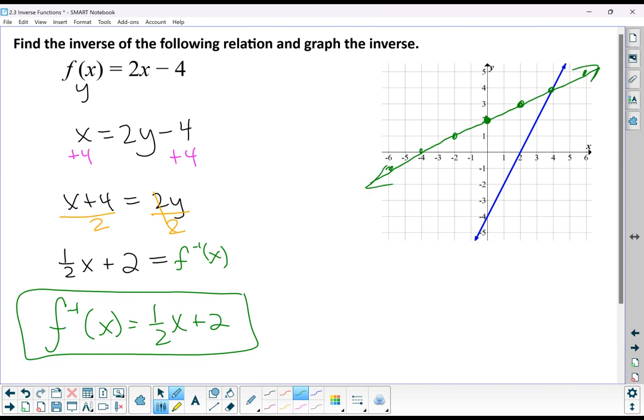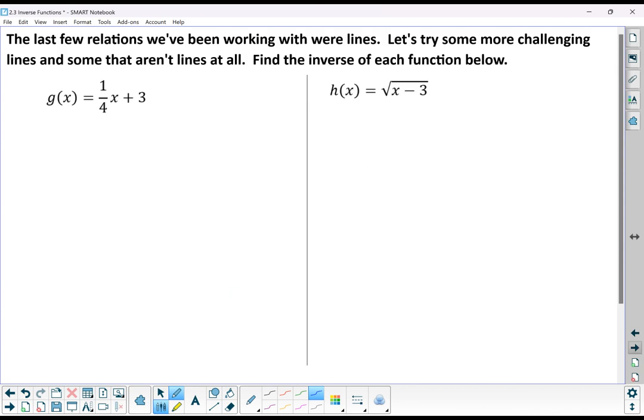There is f inverse. Original function f shown in blue. Okay, so those were both lines. We are also going to find inverses of some more challenging functions and also just some lines that are a little bit more challenging than the ones we've done to start. So we're going to keep doing some inverses here.